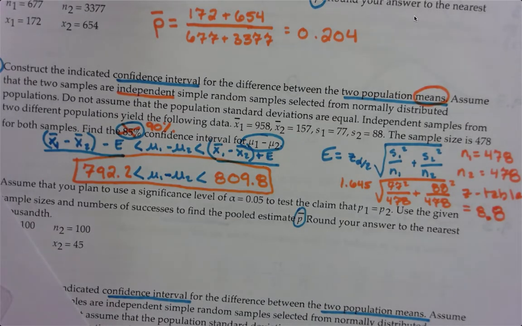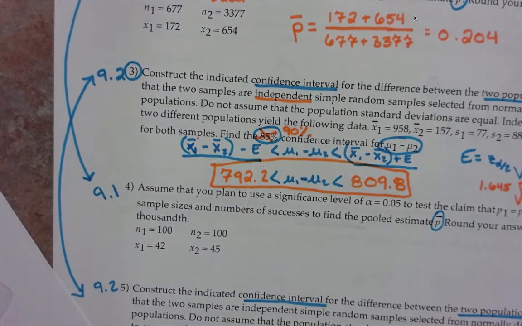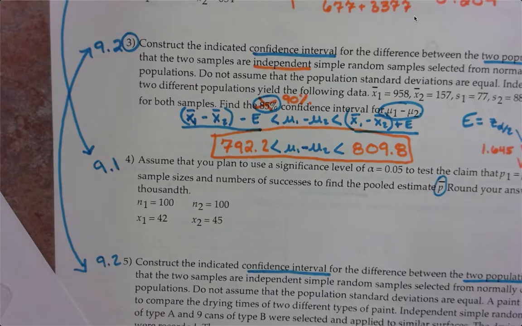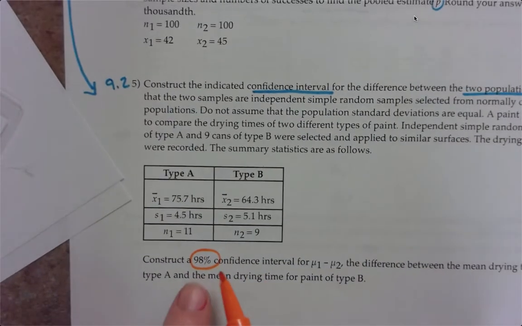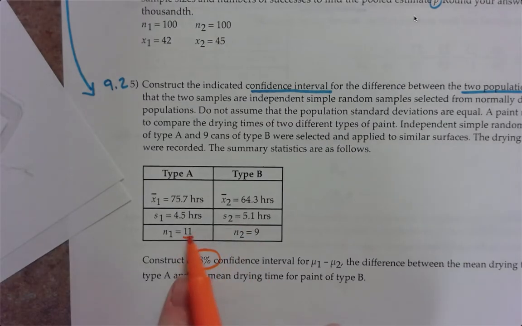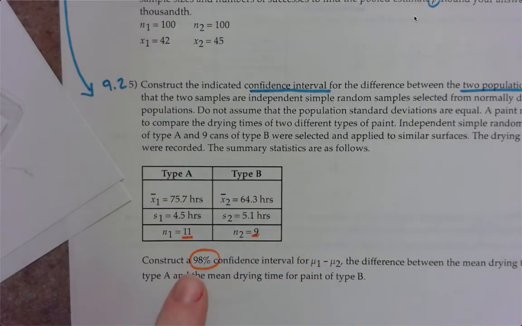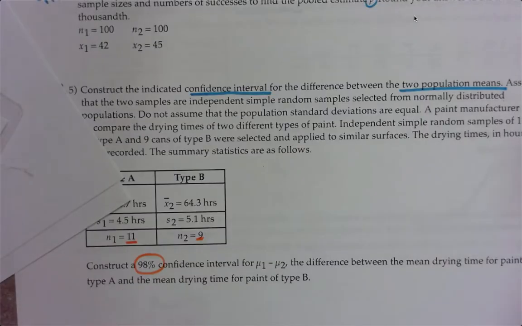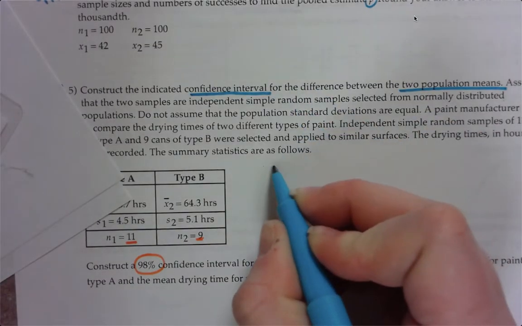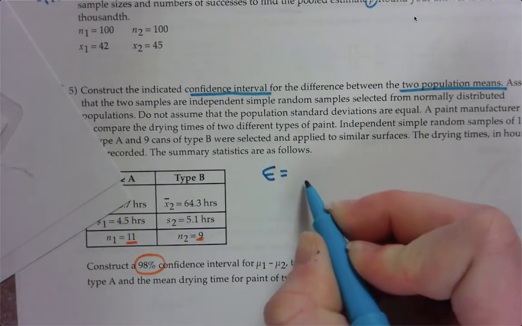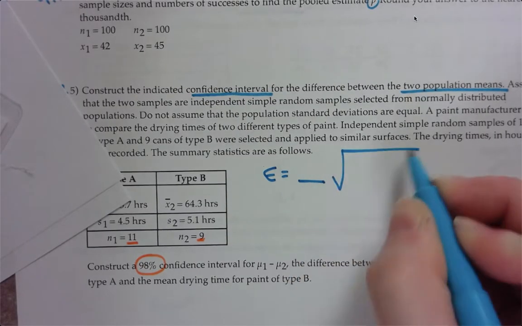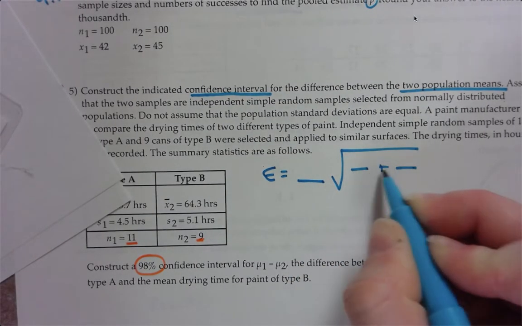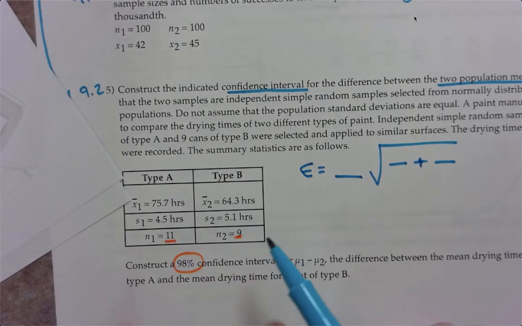Number 3 is going to look really similar to number 5, so go ahead and do those. This one's a 98% confidence level. The difference here is that you are going to need to use the t-table because your n1 is 11 and your n2 is 9. Maybe to help you out here, when you're trying to find that t of alpha over 2 number, and then you have your square root of all your junk here, you're going to use the smaller of the 2 degrees of freedom.